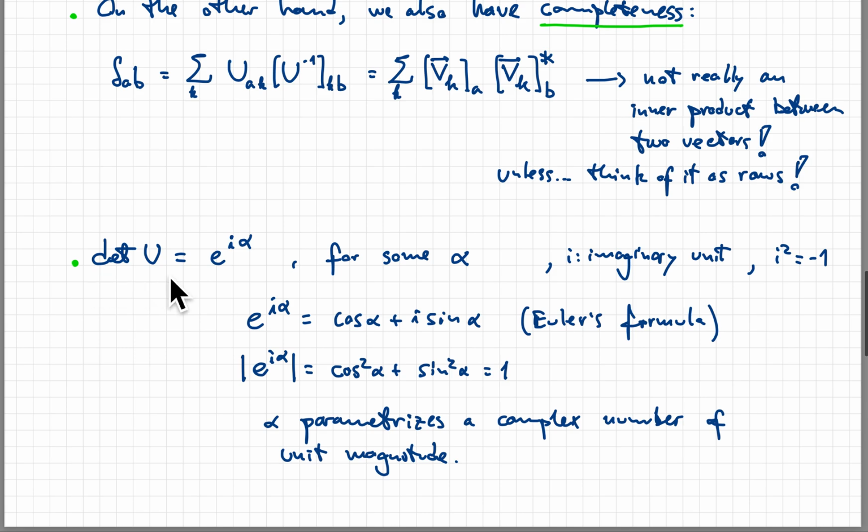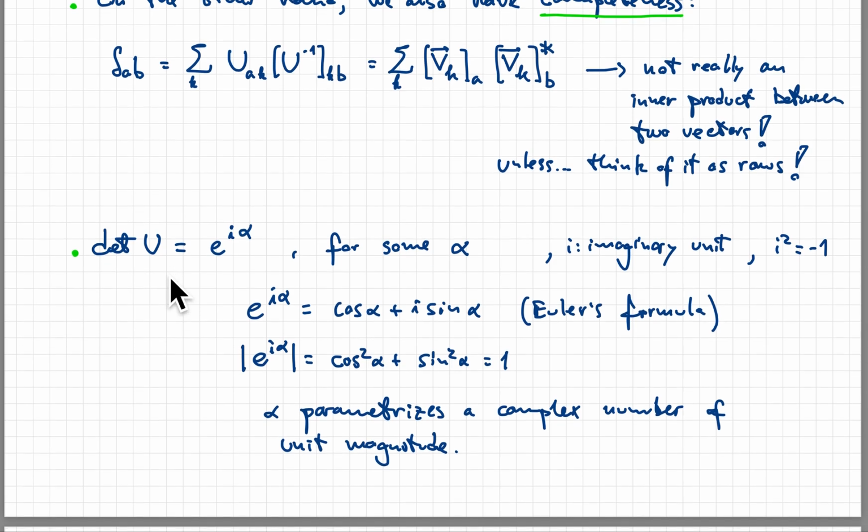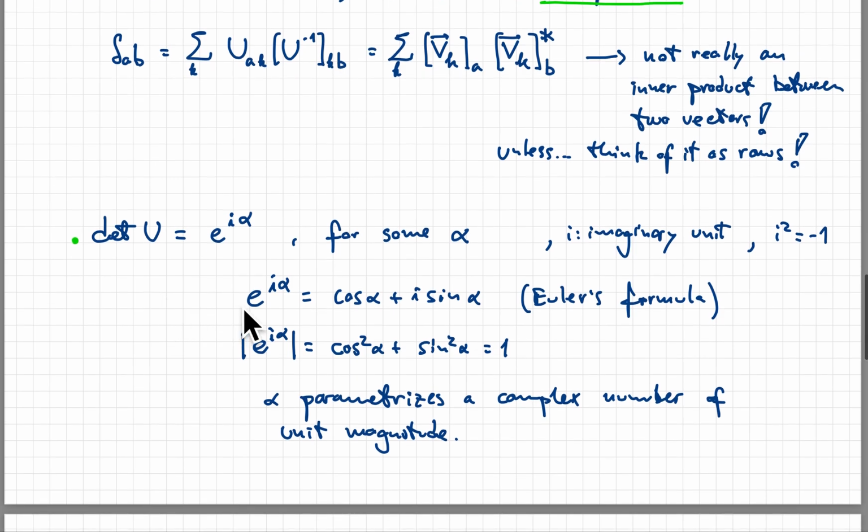In other words, the determinant of U is typically going to be a complex number. It's going to involve complex elements in U, but we know that the magnitude of the determinant has to be 1. And by the way, the reason this is a parameterization of a unit magnitude complex number is simply that the magnitude of e to the I alpha is 1.